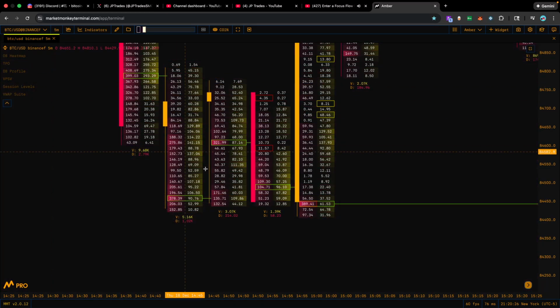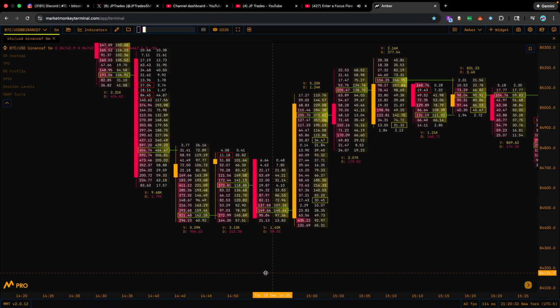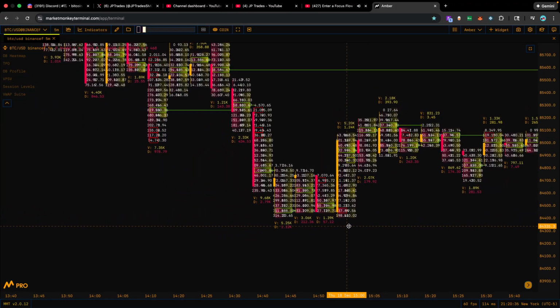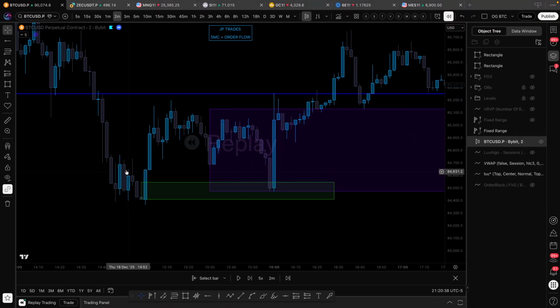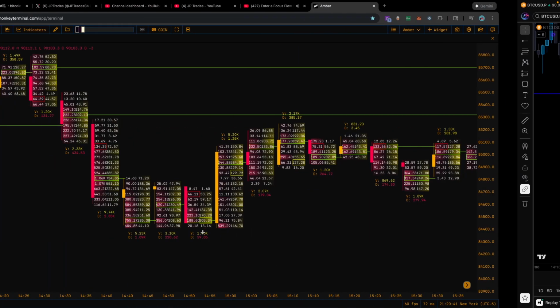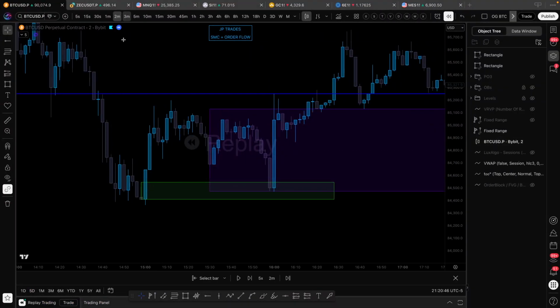Let's turn the candles on and now turn the heat map off. Let's pay attention to what's going on inside the candles now. So again, we are looking at this cluster of candles right here in X-ray vision. Of course, this is the 5-minute and this is the 2-minute currently.